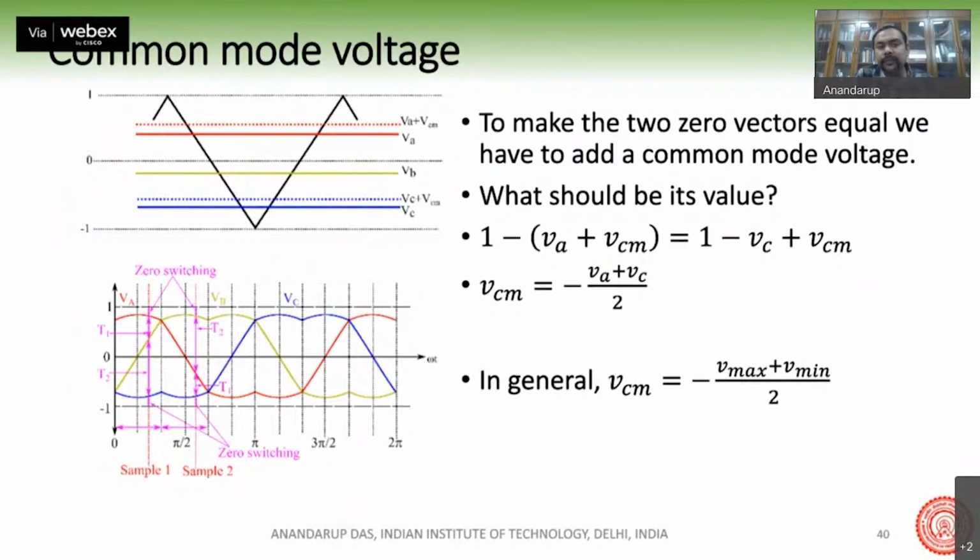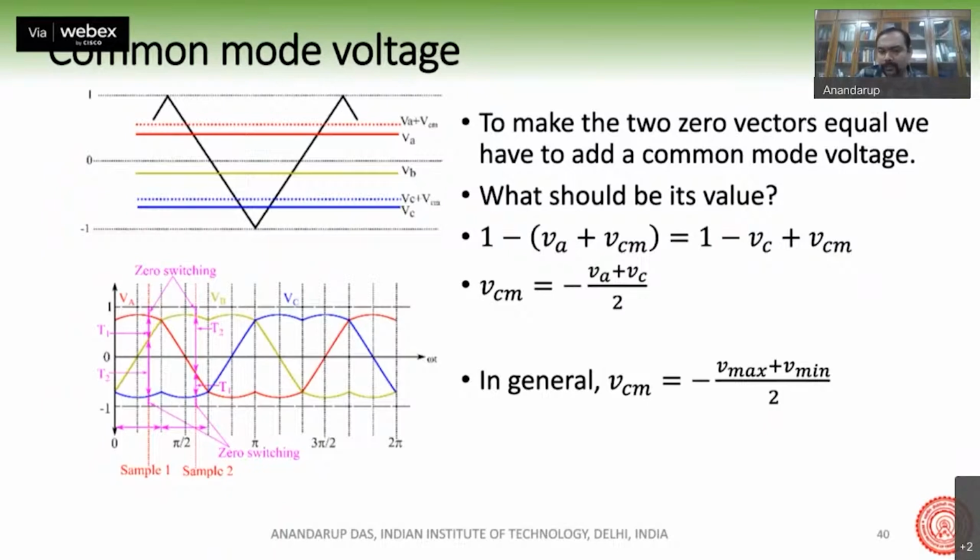If you add this common mode voltage to the original sine PWM signals, you can make the two zero vectors equal at the beginning and at the end of the cycle. And this VCM is given by minus of (Vmax plus Vmin) divided by 2. So this is the advantage of the common mode.